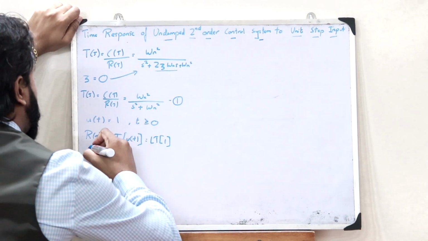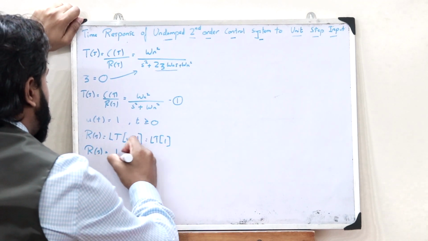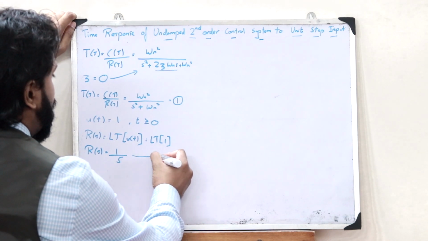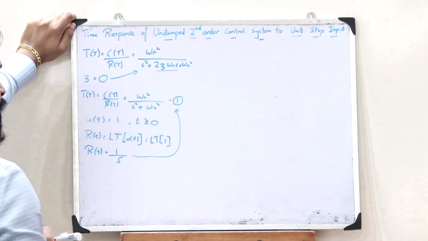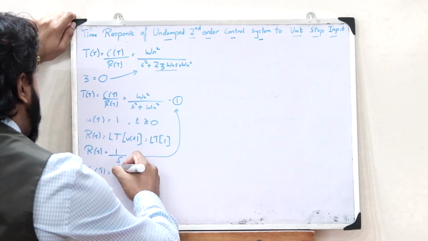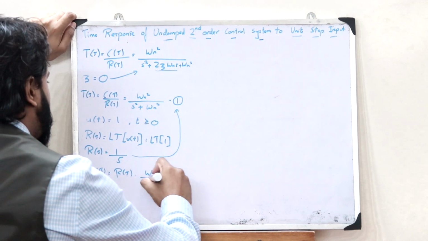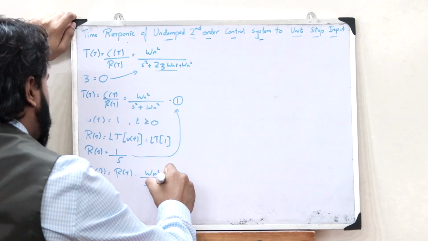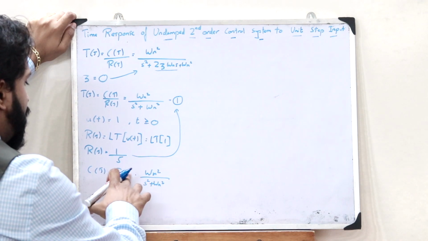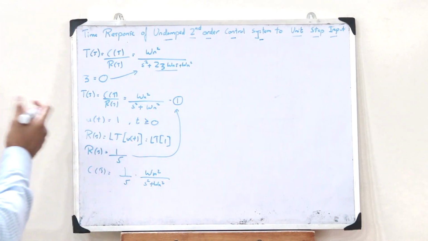So R(S) is equal to the Laplace transform of 1, which is given as 1 by S. So now upon substituting this into equation number 1, we would now get C(S) equal to R(S) multiplied by omega_n squared divided by S squared plus omega_n squared. But here R(S) is given as 1 by S. So this could be written as 1 by S multiplied by omega_n squared divided by S squared plus omega_n squared.